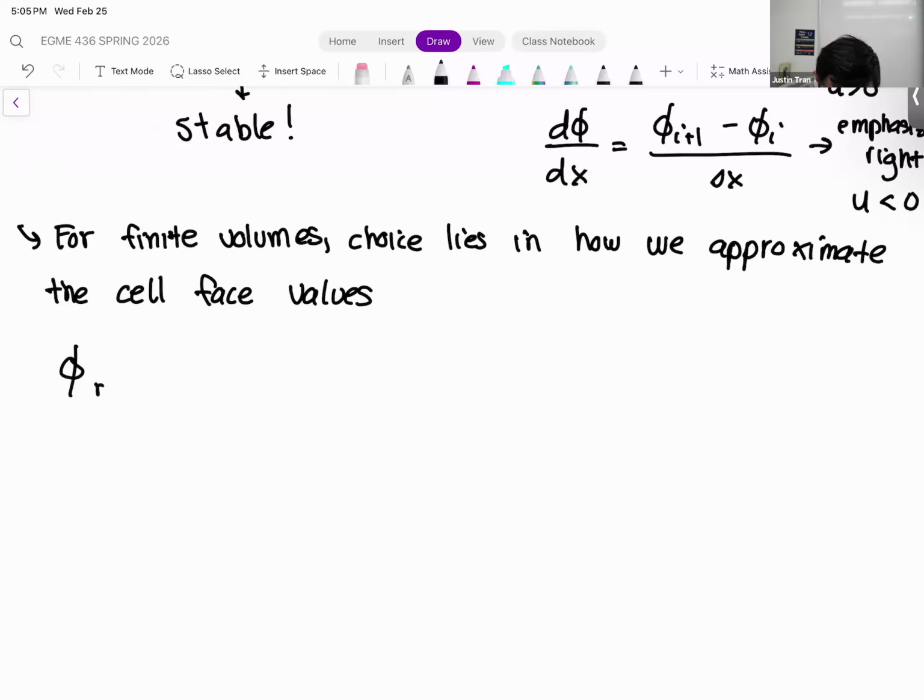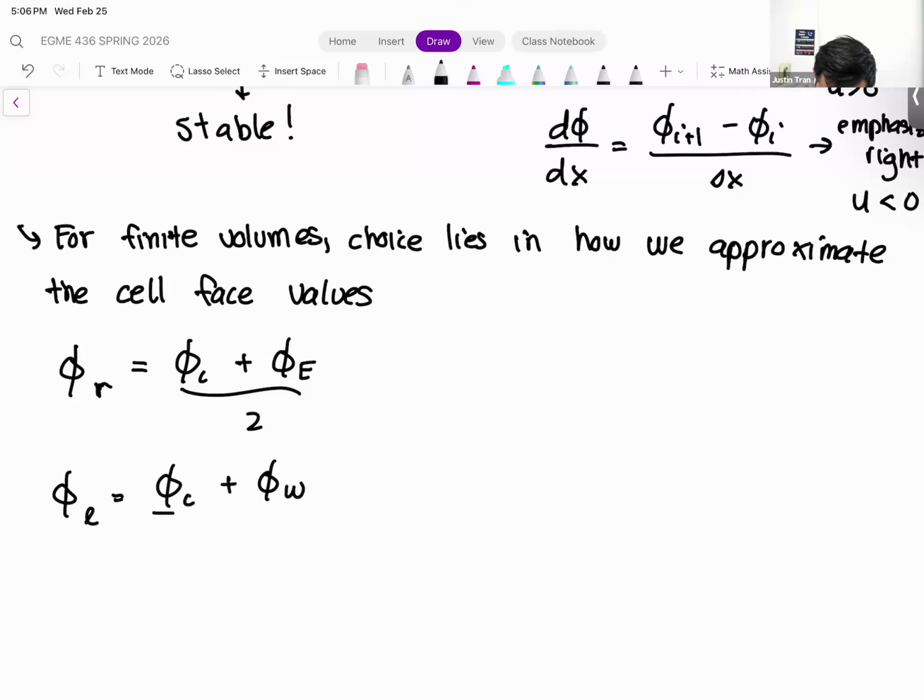So for example, what we've used so far is that when we try to estimate phi sub little r, where phi sub little r is the value of phi at the right-hand edge of our cell, we said that was simply the arithmetic average of our two neighboring cell-centered values. So this is phi sub c plus phi sub big E divided by 2, and phi sub little l is equal to phi sub c plus phi sub w divided by 2.